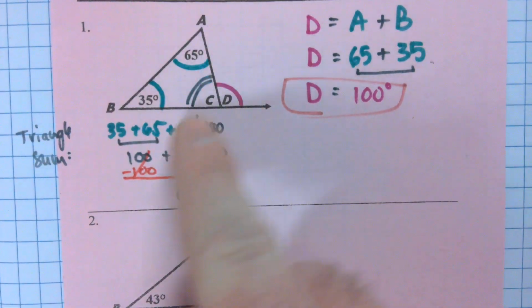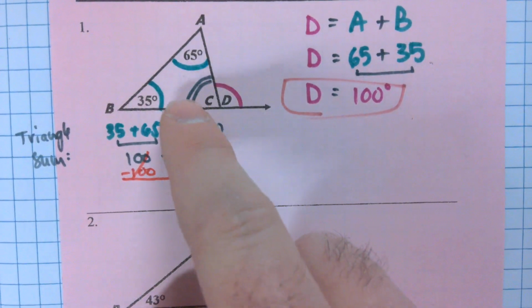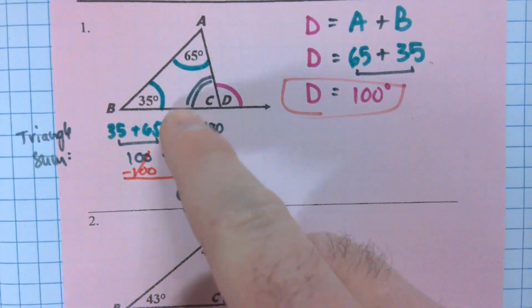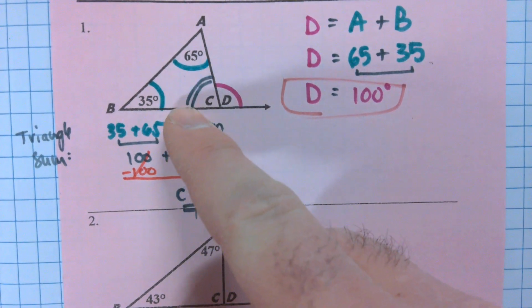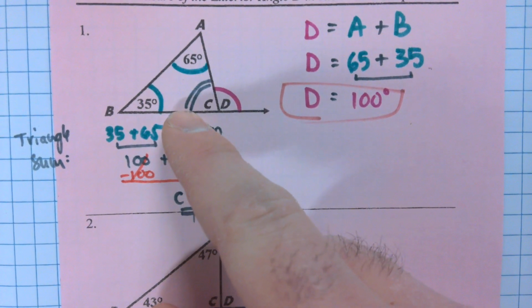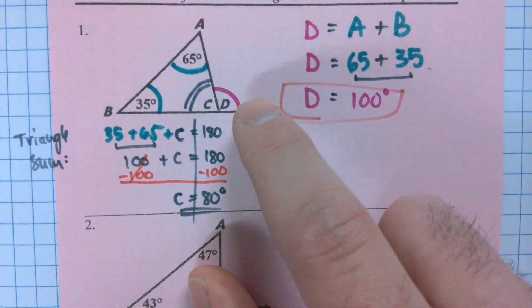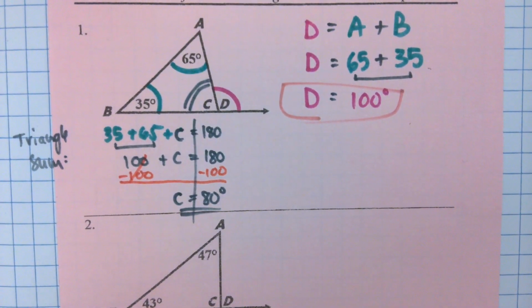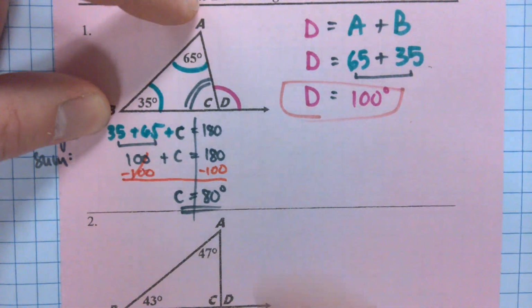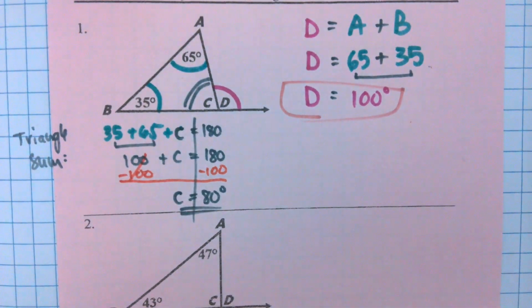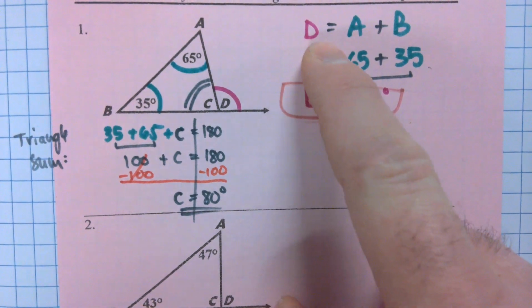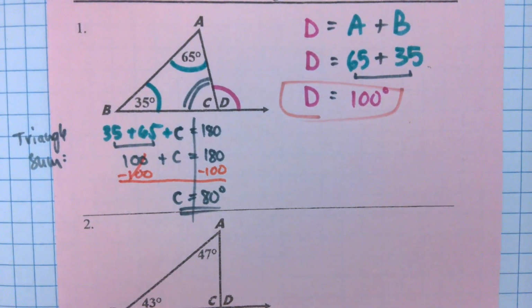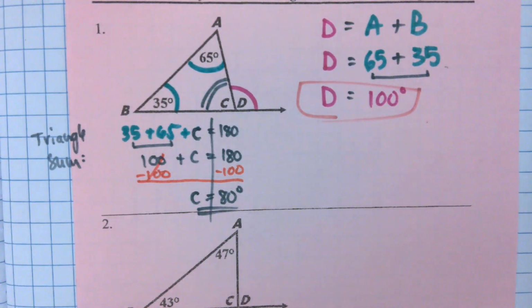The inside of my triangle creates 180. My C and my D relationship creates 180. So because D supplements angle C and angles A plus B supplement angle C, D is equal to A plus B. Transitive property.